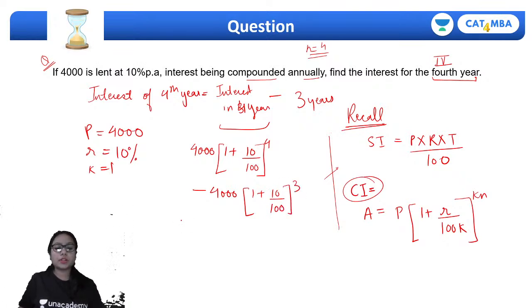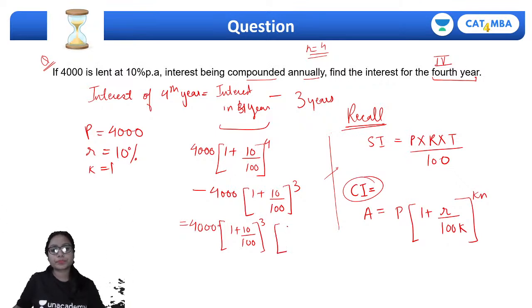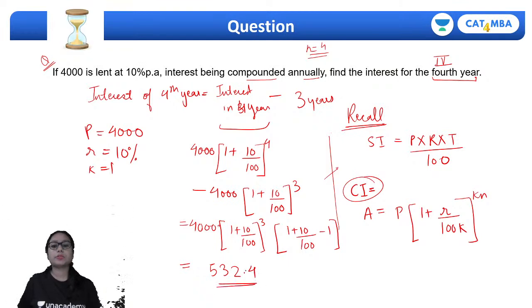If you simplify this, we get 4,000 into 1 plus 10 upon 100 cubed as common, and inside this would be 1 plus 10 upon 100 minus 1. We can simplify and the answer to this question would be 532.4.